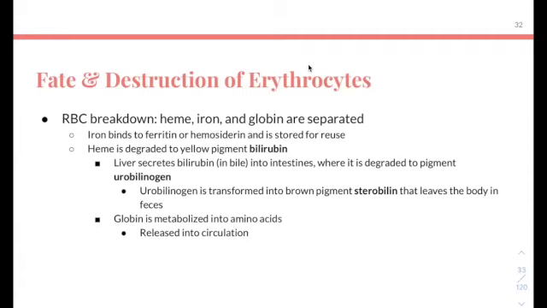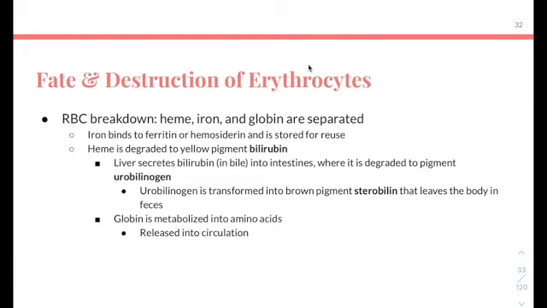So the breakdown of the heme gives us the yellow pigment. Then the breakdown of the urobilinogen and the bilirubin gives us a brown pigment.